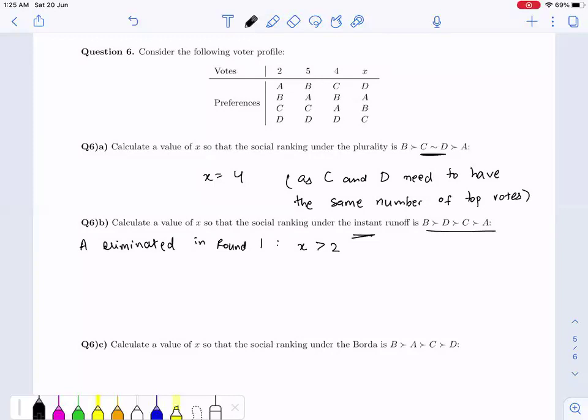Okay, now in round 2, after A is eliminated, we have 2, 5, 4, X, and you eliminate A. So that gives you B, C, D, B, C, D, C, B, D, D, B, C. Now we want C to be eliminated in round 2.